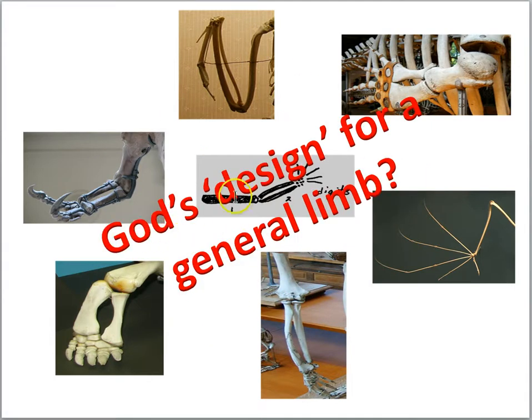And so perhaps God had a design for a general limb in God's mind. And when God was making limbs of different species, he just sort of tweaked the limb to generate differences that would be adaptive for their particular lifestyle, but still shared the underlying bone structure, the one bone, two bone, digits pattern. So the special creation hypothesis had an explanation that this revealed God's design plan.